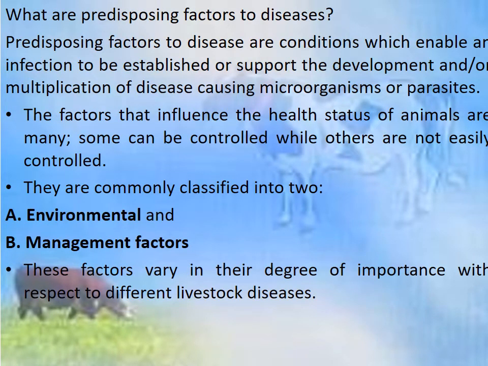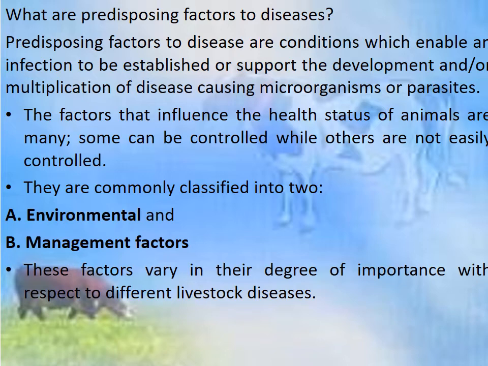Now, what are predisposing factors to disease? Predisposing factors to disease are those conditions that help to establish infections or support the development and/or multiplication of disease-causing microorganisms or parasites.